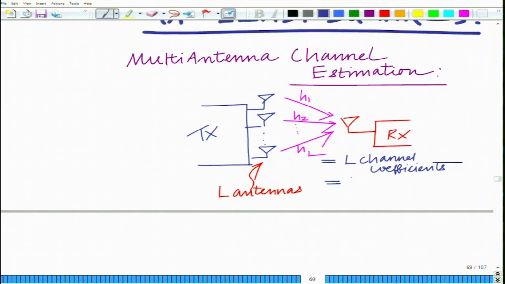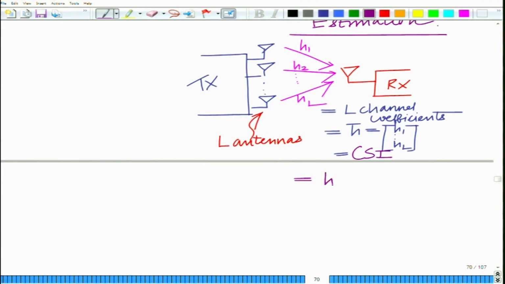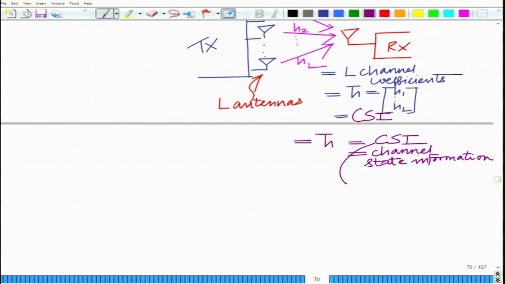So, if you call this channel vector H bar, this constitutes the CSI, the channel state information, and that has to be estimated.